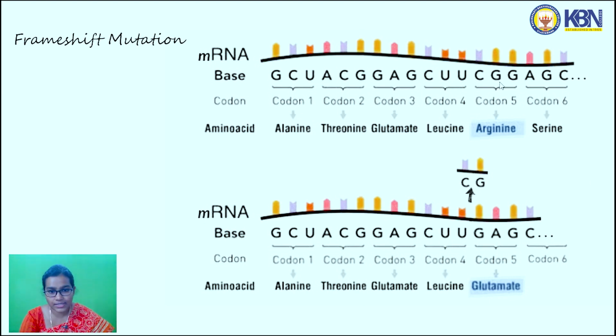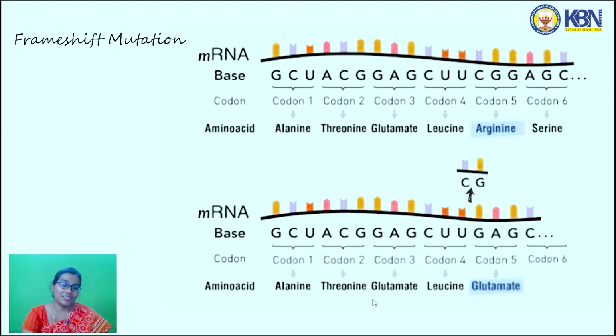If you see the first sequence, we have the sequence of amino acids: alanine, threonine, glutamate, leucine, arginine, serine. But CG are removed, and we have only GAG. That's why our body prepares an amino acid, it adds an amino acid whose code is GAG, so glutamate.